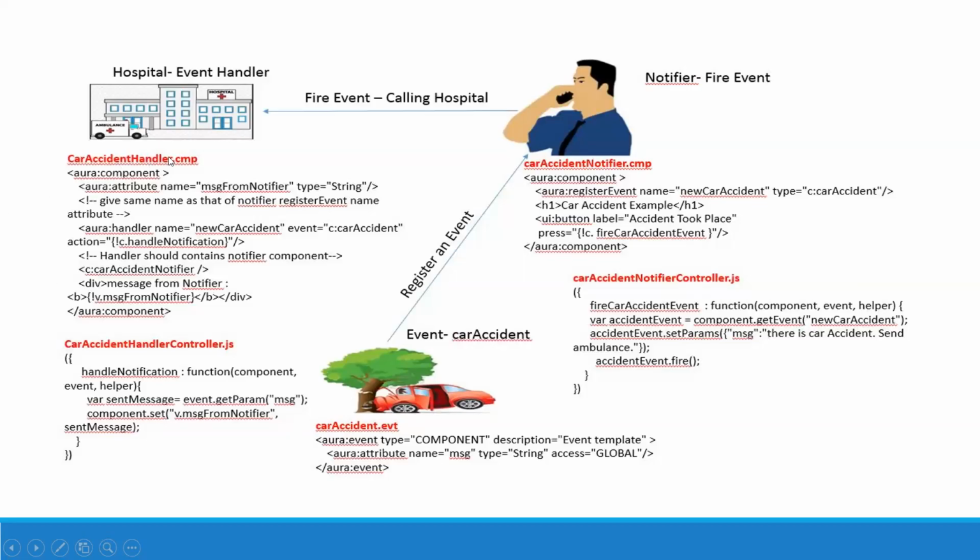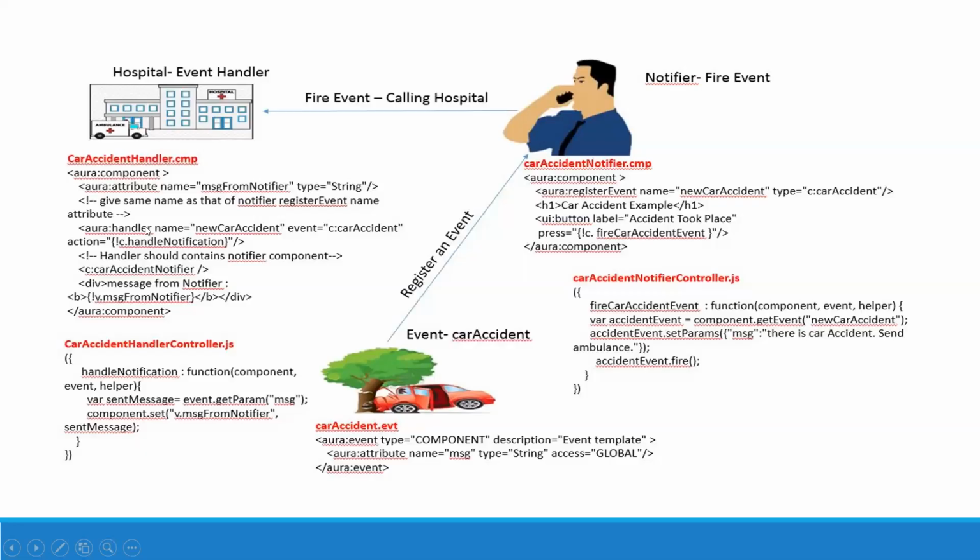So in the parent component, observe it. This is the parent component, the car accident handler. Here we have to call the child component. What is the child component name, madam? Notifier. Here you can see there is a handler, name equals to which event they need to handle, madam? The same event: new event, register event name. The same event name we have to give: event equals car accident.